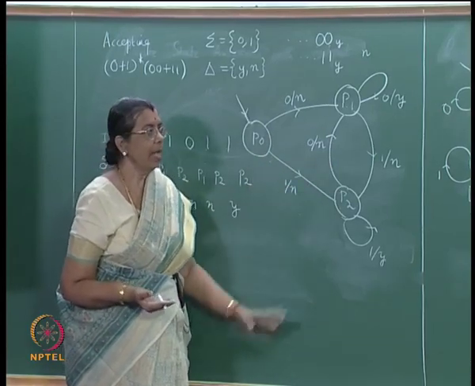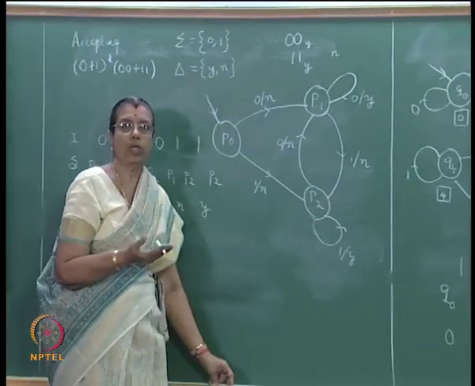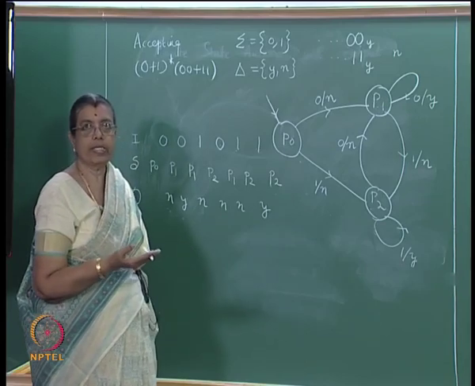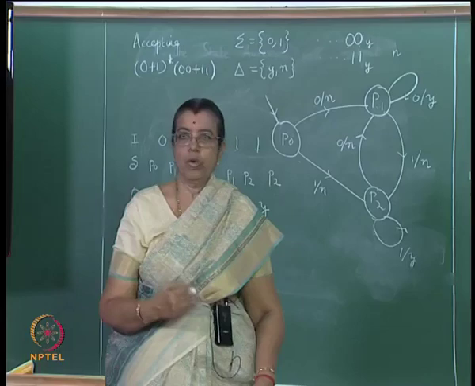But we saw that as an acceptor, when you want to accept strings ending with 2 zeros or ending with 2 ones, you require 5 states. This is the advantage of having an automaton with output.